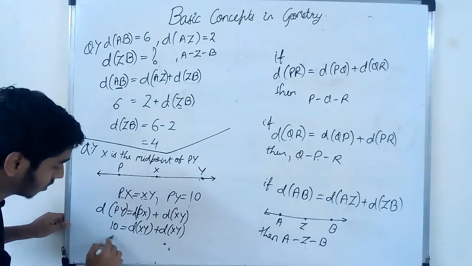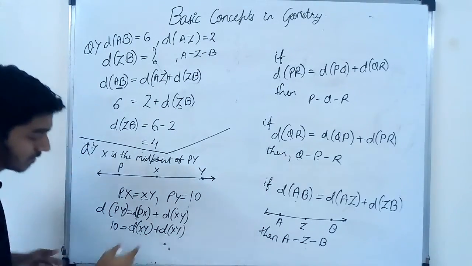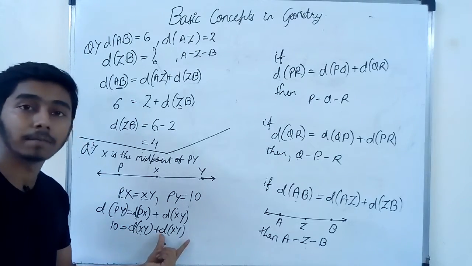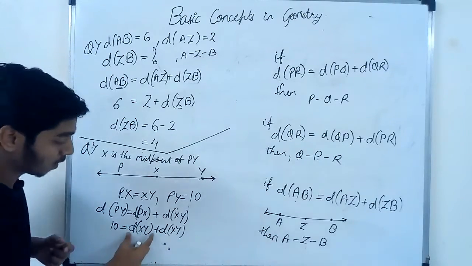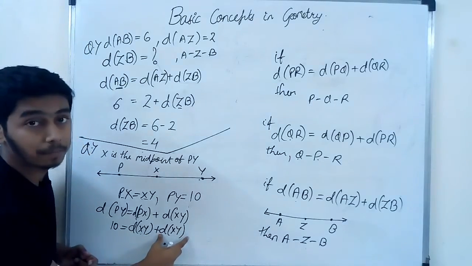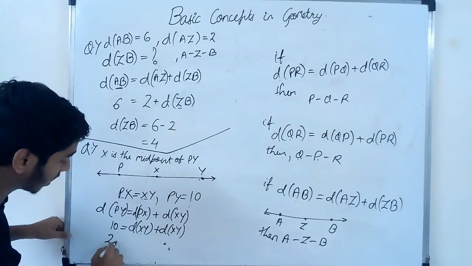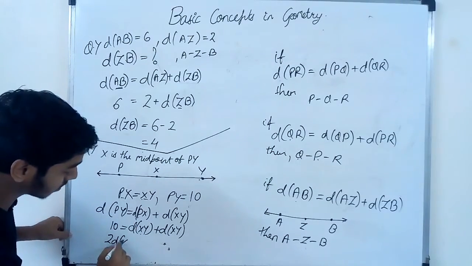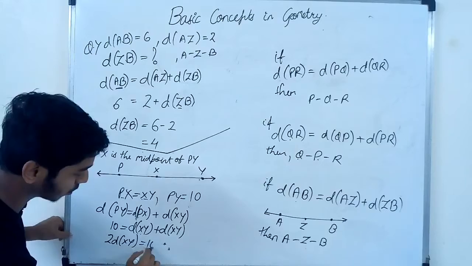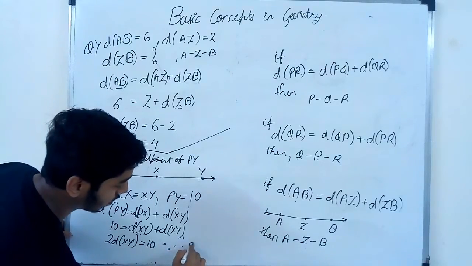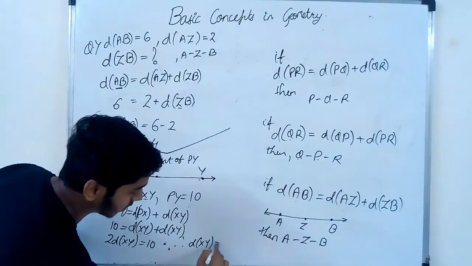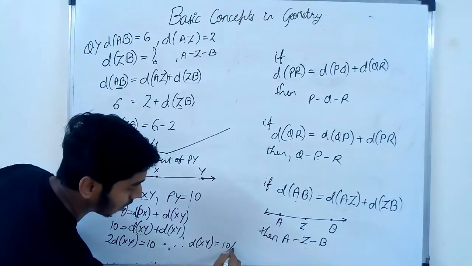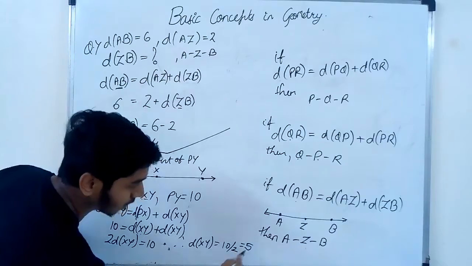Correct? Now this is one thing and this is that same thing. So if you add, it's like one apple plus another apple, so that will be 2 times that apple. So that is 2 times distance xy, which is equal to 10. Therefore distance xy is 10 upon 2, which is 5.